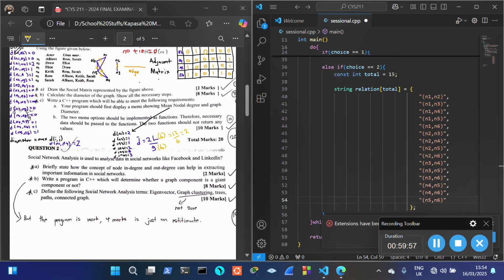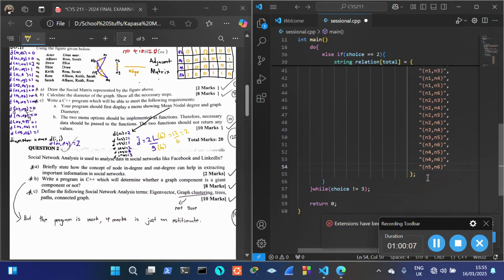Now since we have these relations, we also want to add these values into an array. So we now need to create an array. This array should be an integer array.